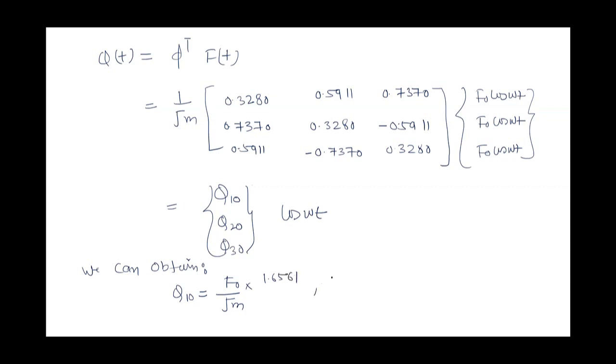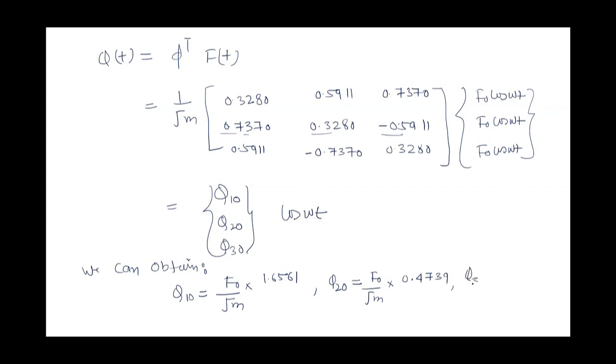Similarly, Q2 naught is equal to F naught over under root m, and if we use the second row of this matrix, we have a value of 0.4739.